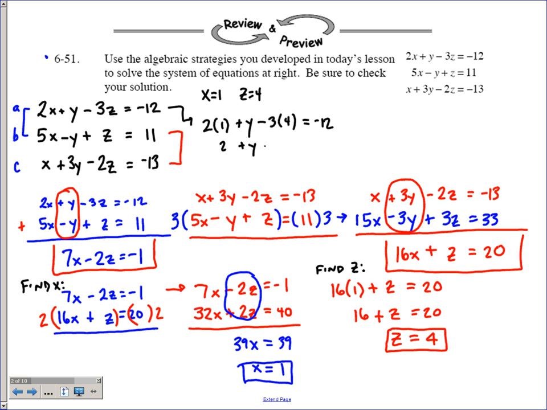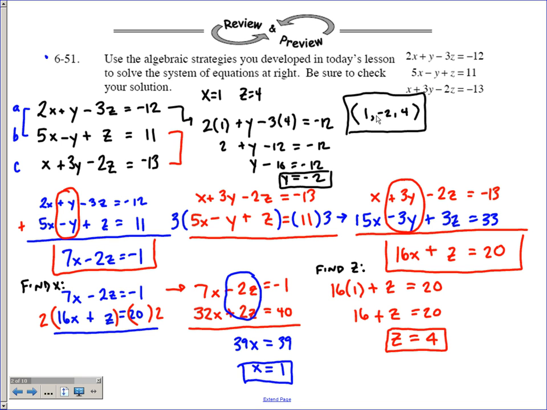So 2 plus y minus 12 equals negative 12. So we've got y minus 10 equals negative 12, in which case y ends up equaling negative 2. So what we're looking at in the next part, our answer, is the point 1, negative 2, 4. So this is x, y, z.